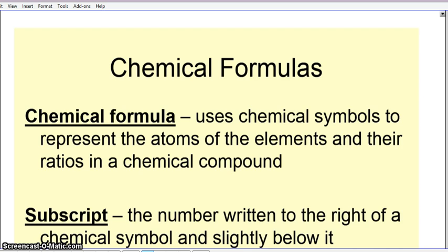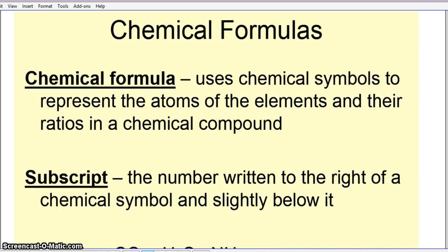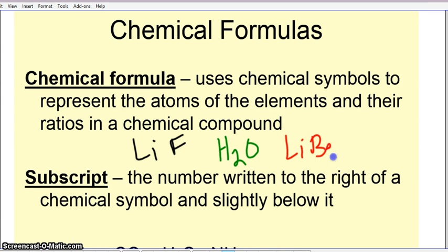So, anytime we have a chemical formula up here, whether it be an ionic bond such as LiF, or a covalent bond such as H2O, or a metallic bond, for example, lithium and beryllium. Okay.